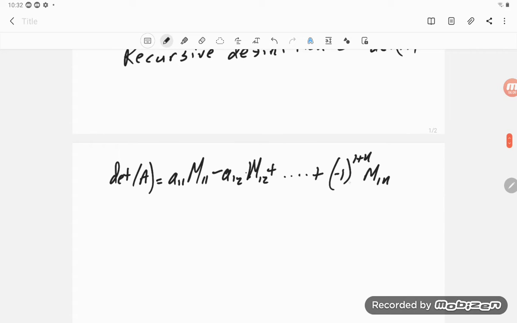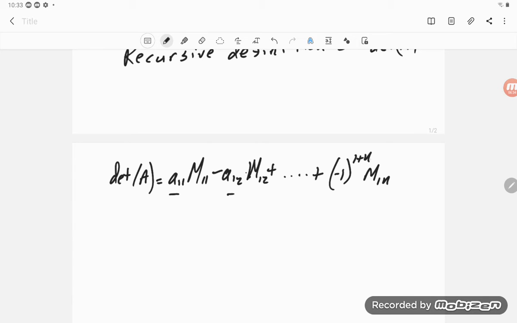Now, we had to do that negative 1 to the 1 plus n because, for instance, if n is 3, we would have 3 of these things. The first one was plus, the second one was minus, the third one needs to be plus.